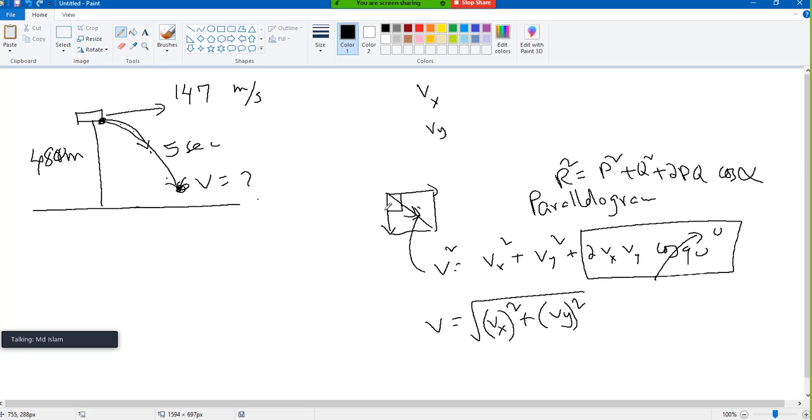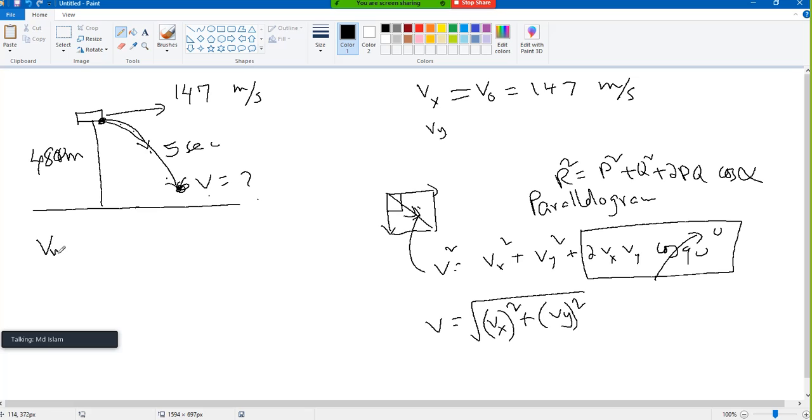Okay, long story short, we need to find the speed. To find speed, I need both components. Now what is V naught x? We know that Vx is always constant. V naught is 147 meter per second. One is known. What is Vy? Now which equation to use?